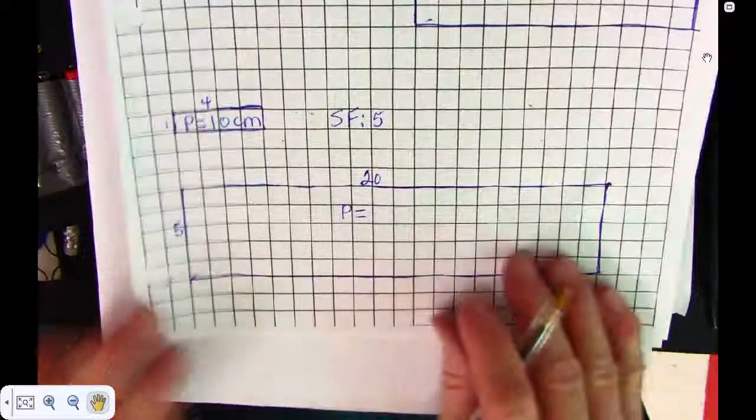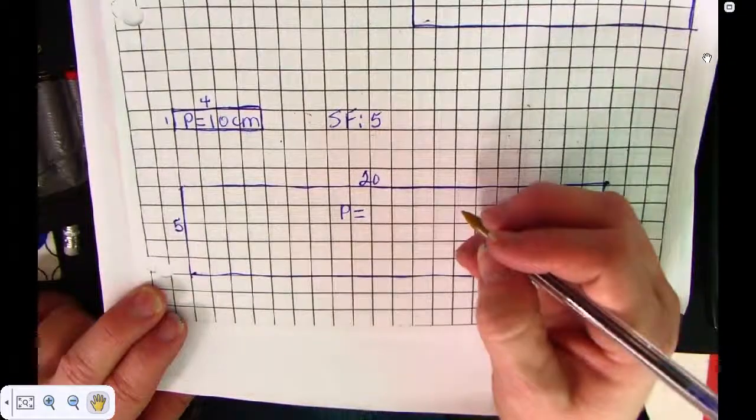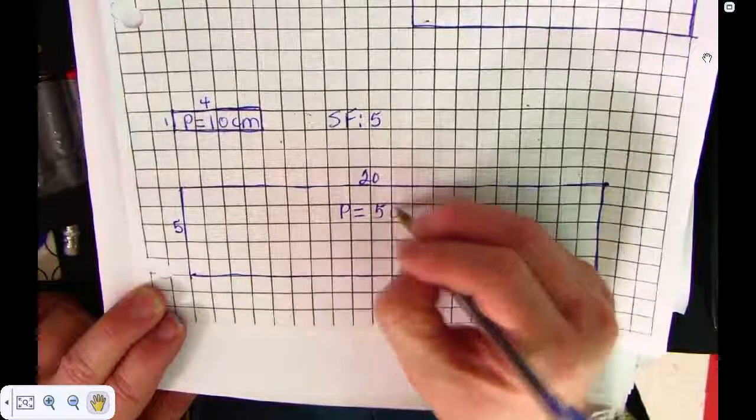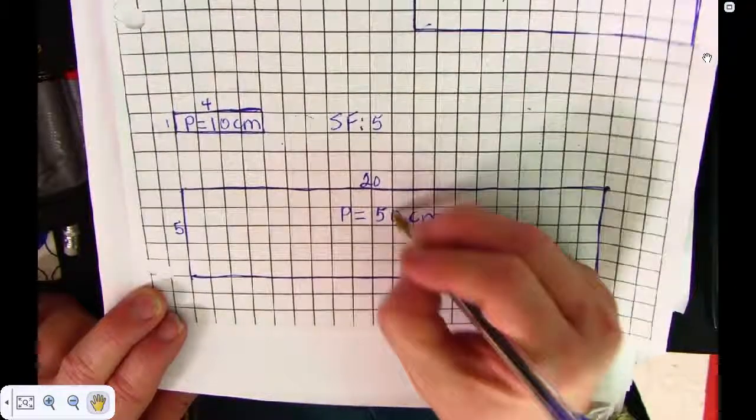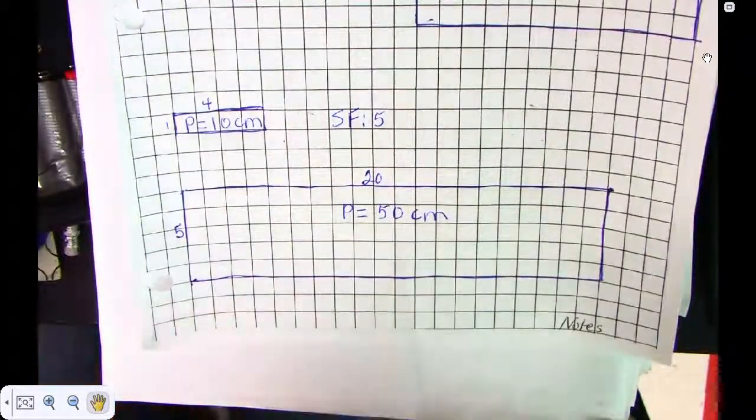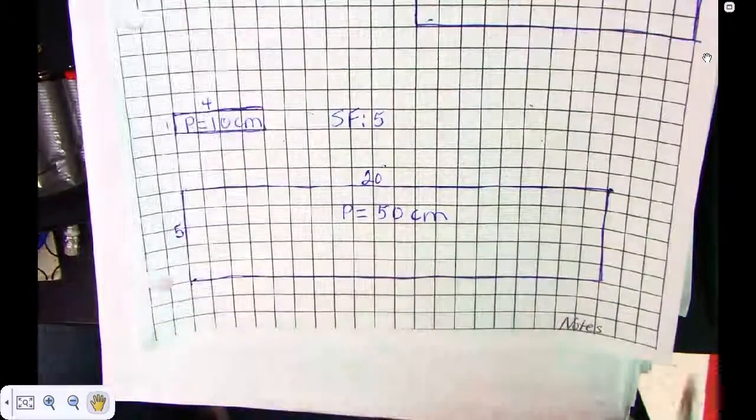Okay, when I say go, tell me the perimeter. Go. That time I heard all the right answers. 50. 20 plus 5 is 25. Double it, you got 50.